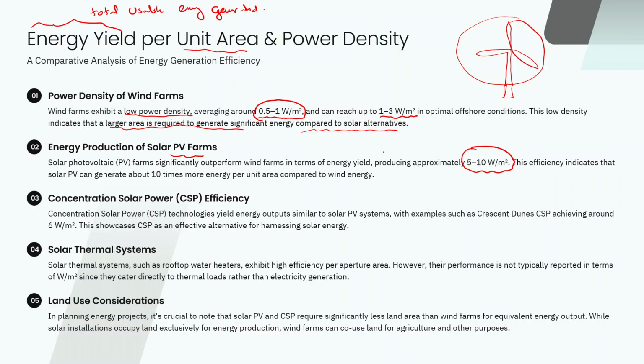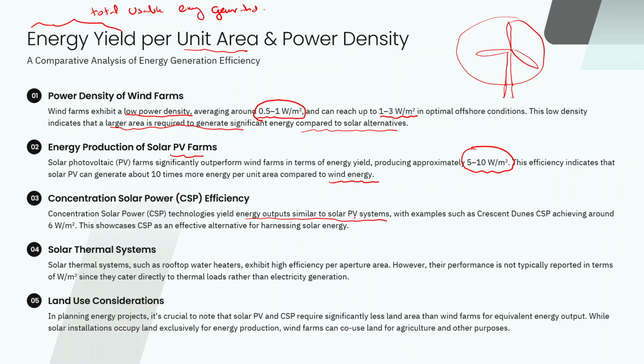So you can see it is sometimes 10 times larger than the energy yield or the power density of the wind energy system. Okay, so if you get concentrated solar power, on the other hand, it yields an energy output very similar to the PV system, right?